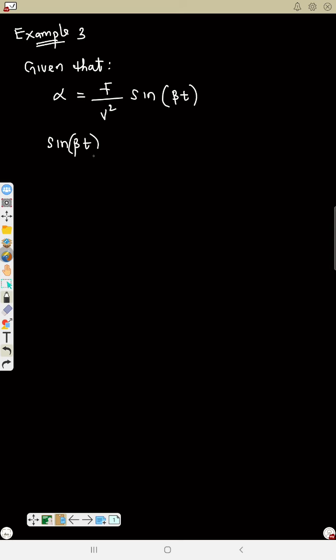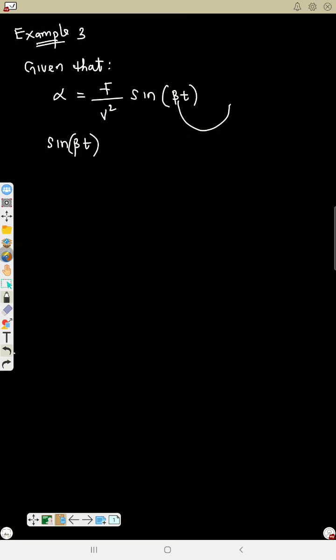That's what we'll be picking out in any question related to these features. You should know that if you have sine, anything inside the sine is dimensionless. The whole sine also is dimensionless.